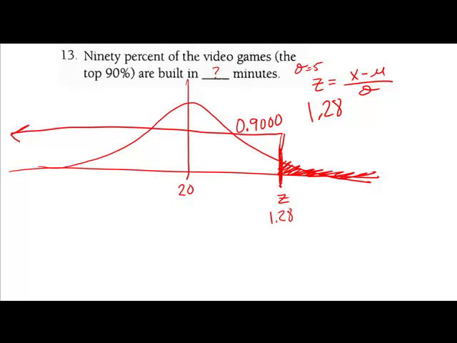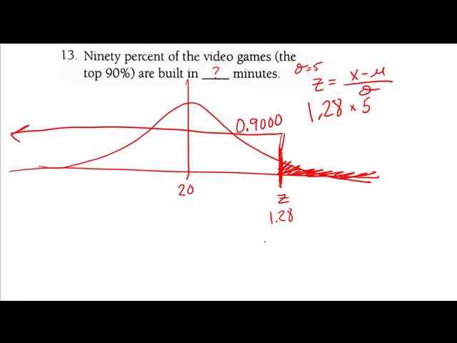Now what is 1.28 standard deviations away? 1.28 times the standard deviation of 5. Get my calculator out, because remember, z-scores are units of standard deviation. So 1.28 times 5 is 6.4.